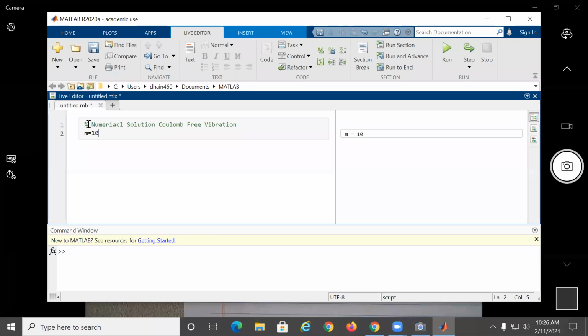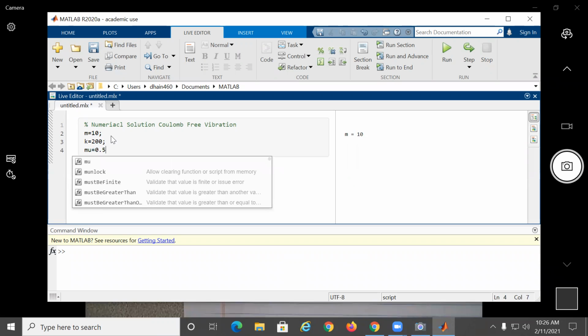Basically we need to put here the percentage sign. M will be 10 kilograms. What else do we have? K will be equal to 200. And mu, the coefficient, will be 0.5.